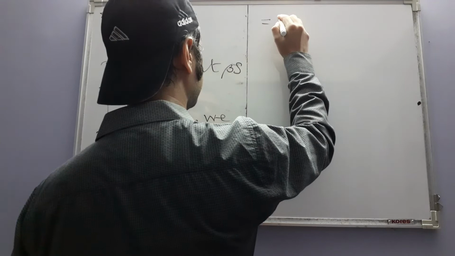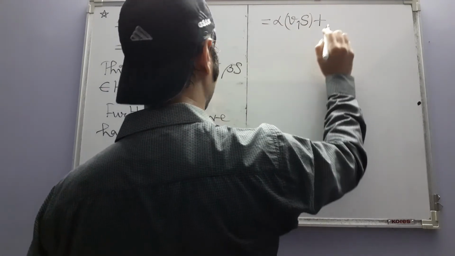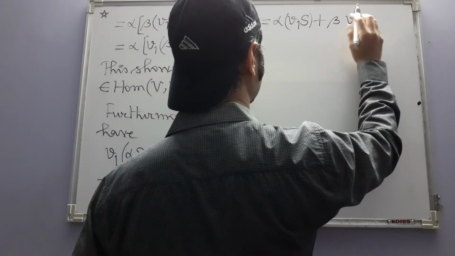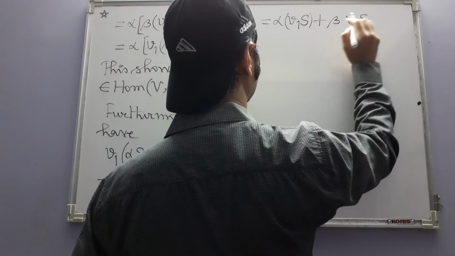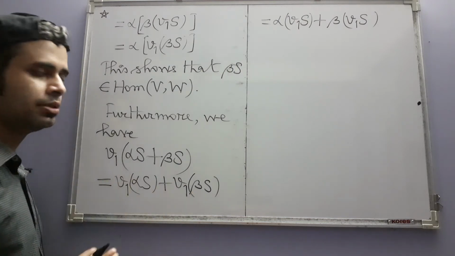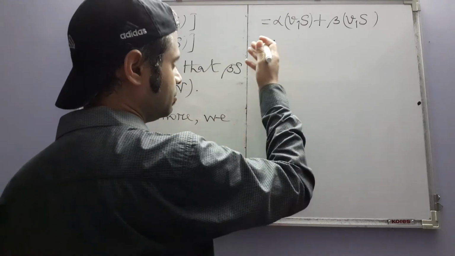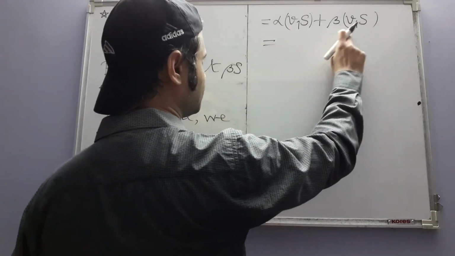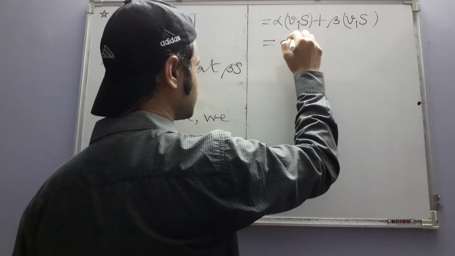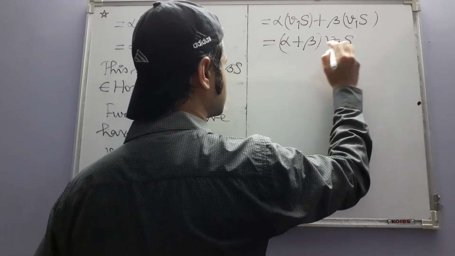So this one will be alpha times V1S plus beta times V1S, using the definition of alpha S and beta S. Now again, in the vector space W, because V1S and V1S are the same thing, this is a vector in W, this thing can be written as alpha plus beta times V1S.